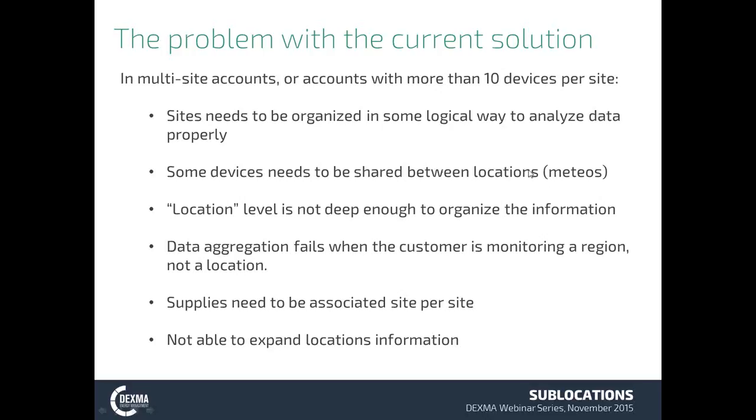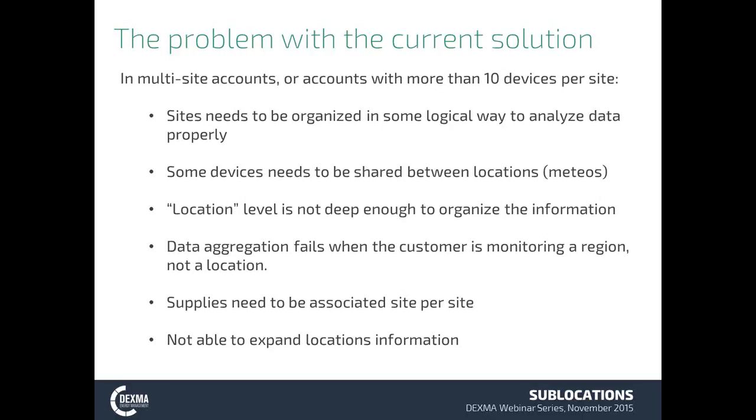But something we can't do, and it's a problem, is that some devices need to be shared between locations, like, for example, the meteo, the virtual weather station. Many times it needs to be shared among many locations, but it's not possible, and you have to configure for every single location which meteo station you want to use. Then we have the problem that the location level is not deep enough.